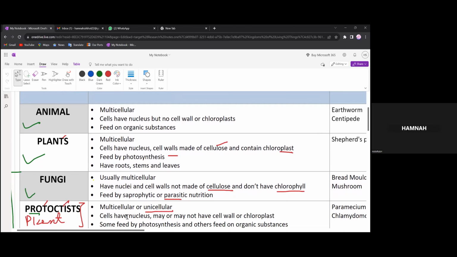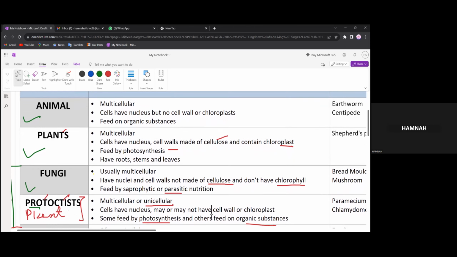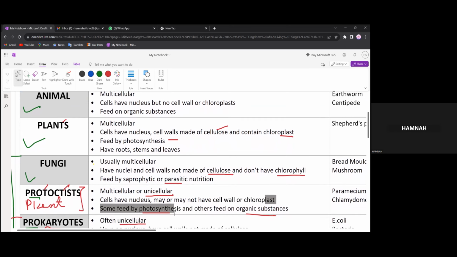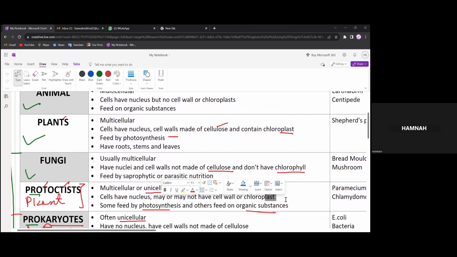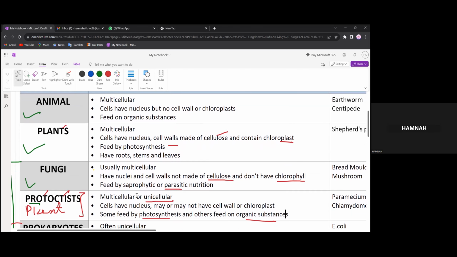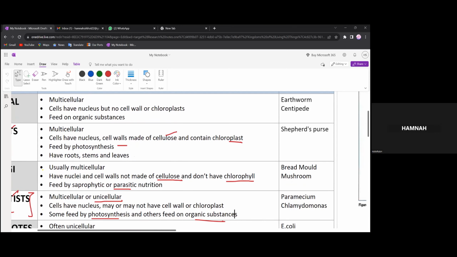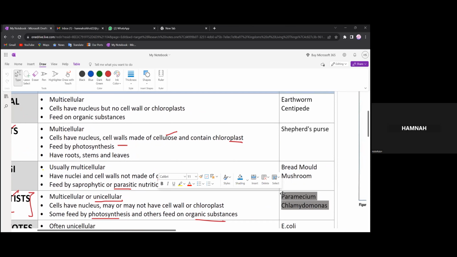You can write they have a nucleus, may or may not have a cell wall or chloroplast, and photosynthesis and organic substances. You have to write both the characteristics of animals and plants combined. They may have animal characteristics, they may or may not have plant characteristics, right? And these are the two common examples: Paramecium, Chlamydomonas.